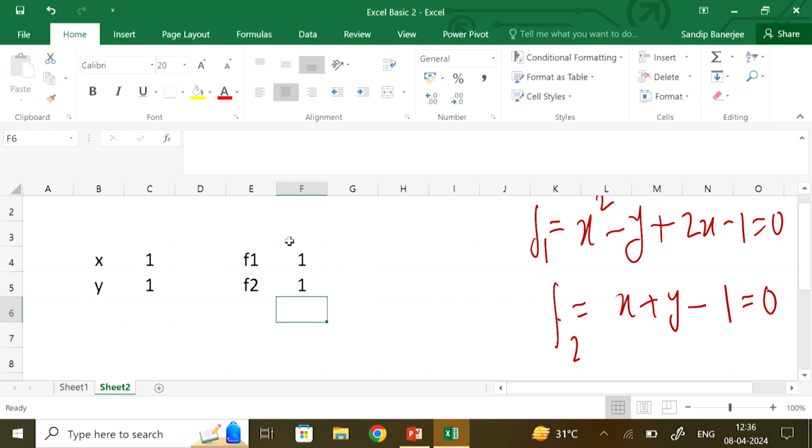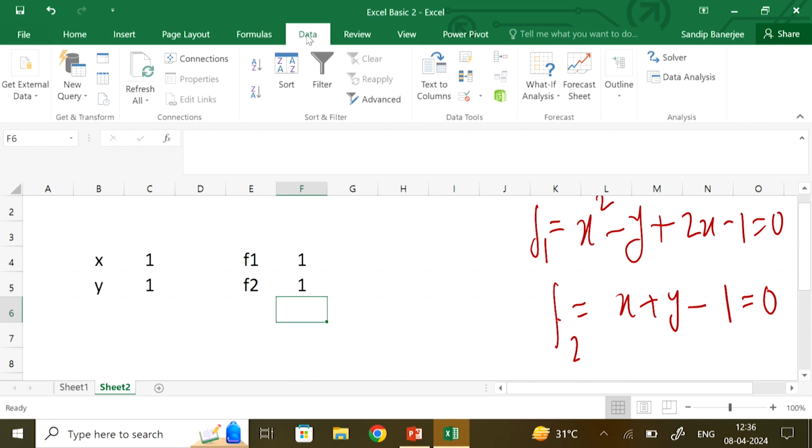So both of them become 1, 1, and you can easily find out that if you put x equal to 1 and y equal to 1 here, this comes to 1, 1 minus 1, 0, 2 minus 1, 1, and hence 1 and 1. Now, whatever value of x and y you choose to be the root, the aim is that f1 and f2 will satisfy and be 0.